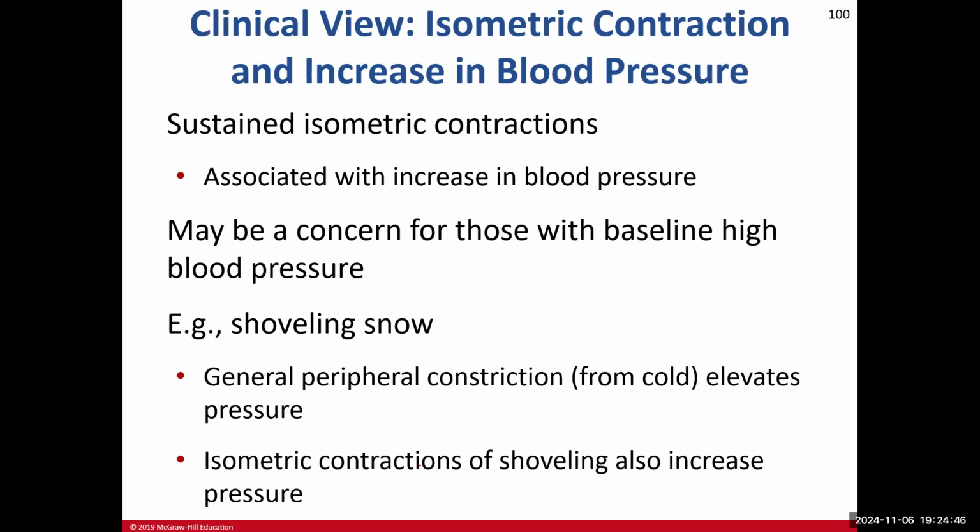It causes you to engage in what we call the Valsalva maneuver, which is when you increase your intra-abdominal pressure inside. All right. So when you sustain these muscle contractions, you can increase that blood pressure.